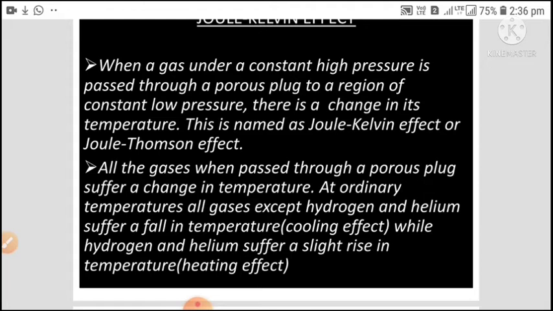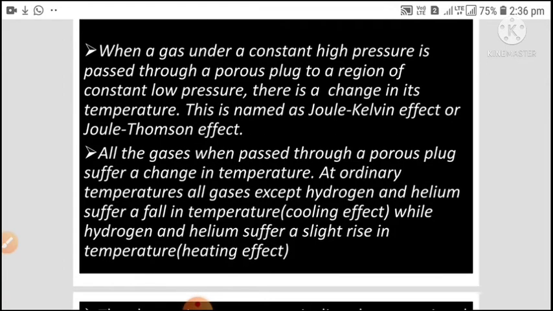At ordinary temperatures, all gases except hydrogen and helium suffer a fall in temperature. That means the gases become cool, except hydrogen and helium.